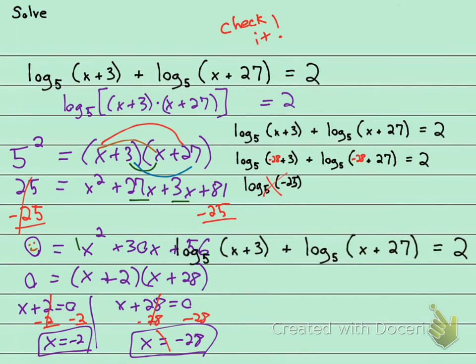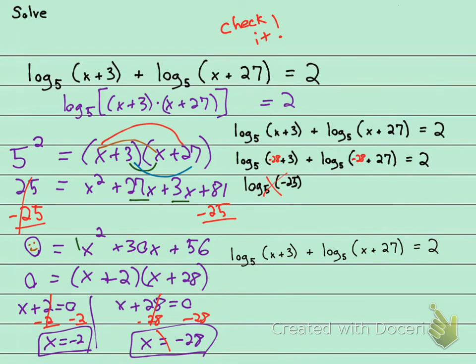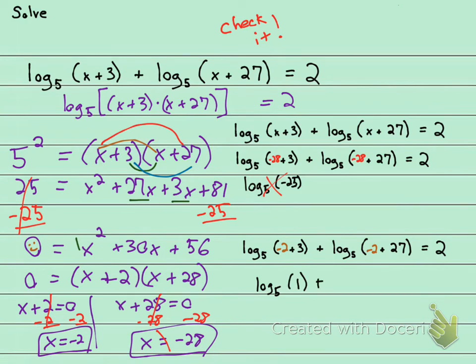All right. Let me plug in -2 just to see if there's any red flags. So everywhere where I saw an x, I'm now going to put in a -2. And now I'm going to have log base 5 of 1, which is perfectly fine, and log base 5 of 25, which is also perfectly fine. Okay, I'll go ahead and continue this.